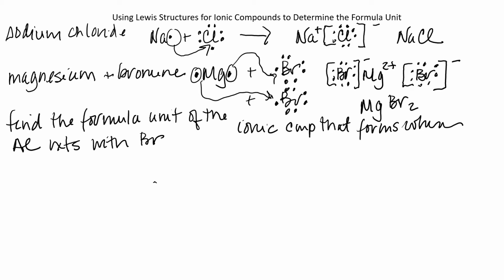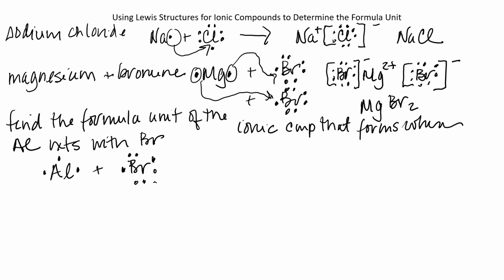So, aluminum is a main group metal, 3A, sorry. It's not a type 3 metal. It forms a 3 plus ion. And it has 3 valence electrons. And once again, we have bromine with 7 valence electrons.